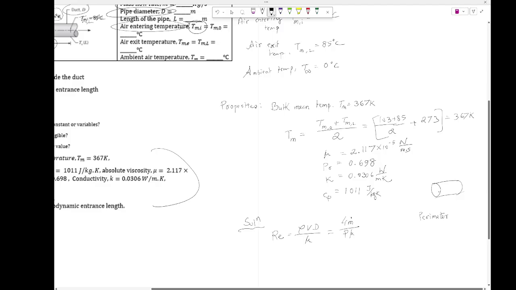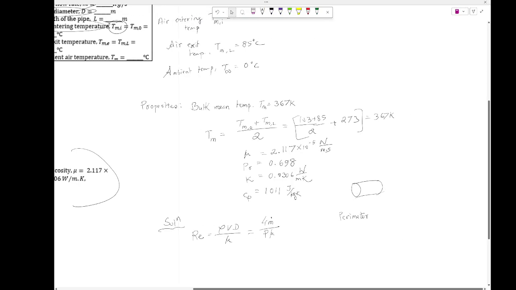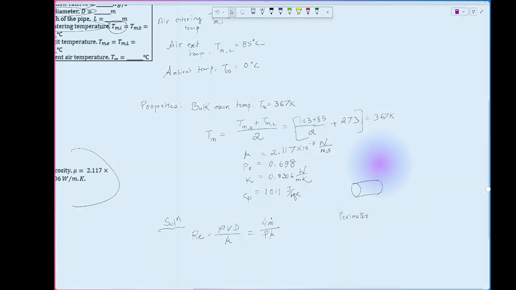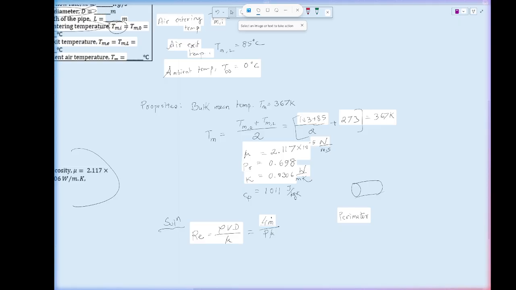Now, what is the perimeter for this cylindrical shape conduit or pipe? What is the perimeter of a pipe if the diameter is d?